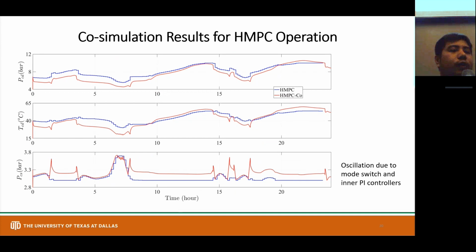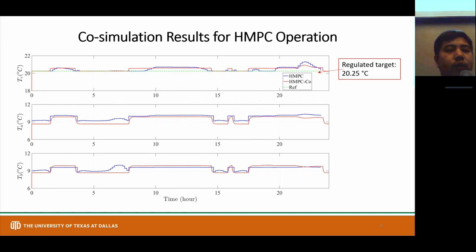The blue line is the output from the controlling model, and the red line is the output from the co-simulation. There is some oscillation because of the interaction between the model switch and the inner PI controller at this point. Another regulatory target is the actual return water temperature.